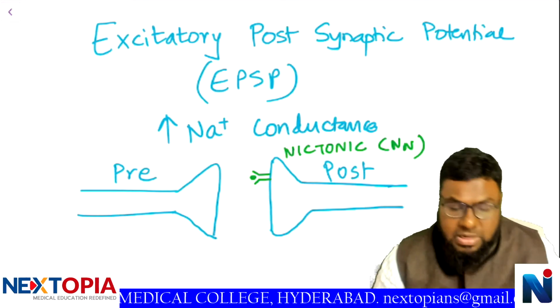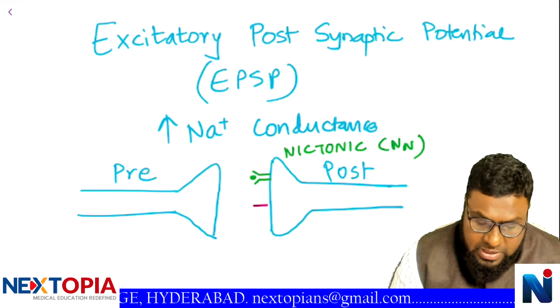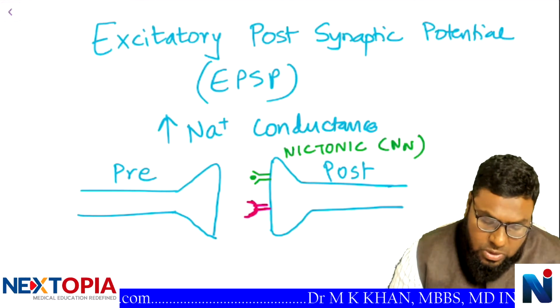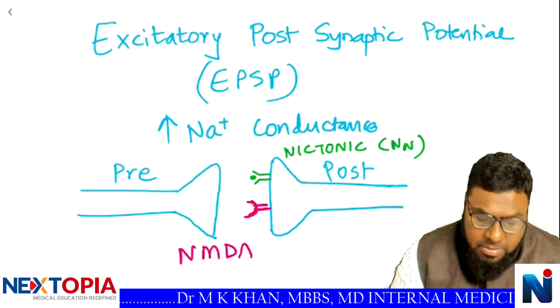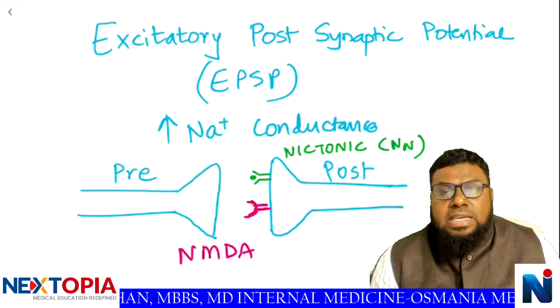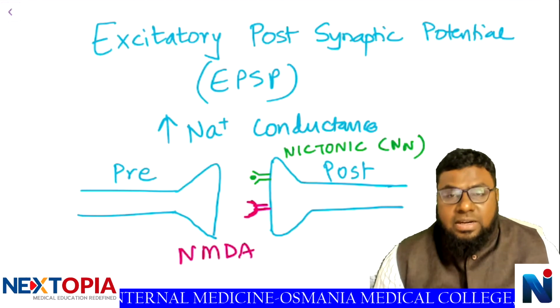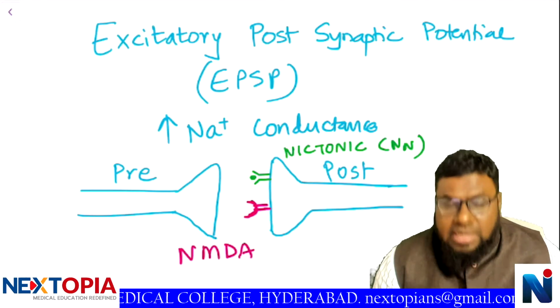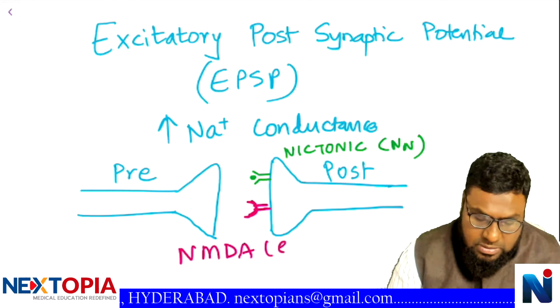This is one type of receptor. Another type of receptor we have here, you call it NMDA type of receptors. Its endogenous ligand is excitatory amino acids.